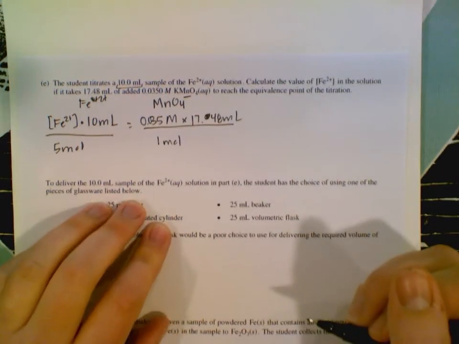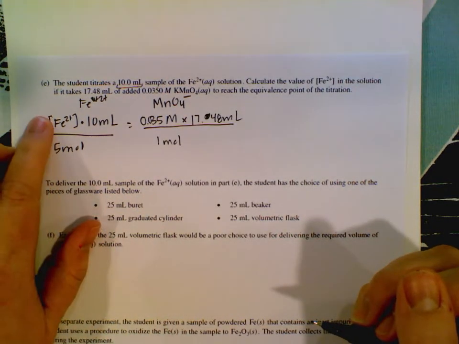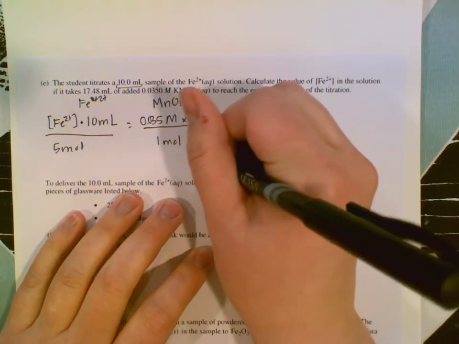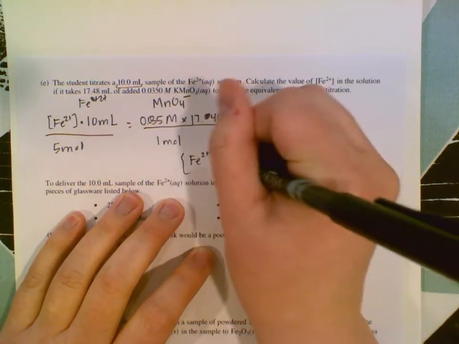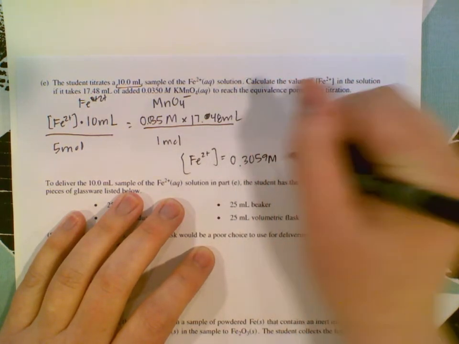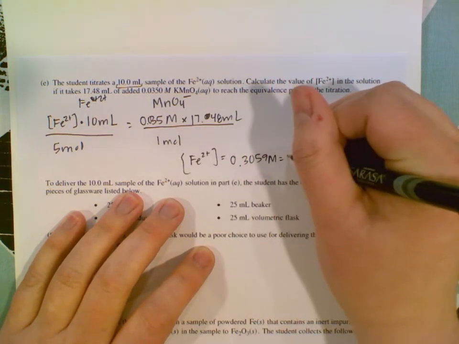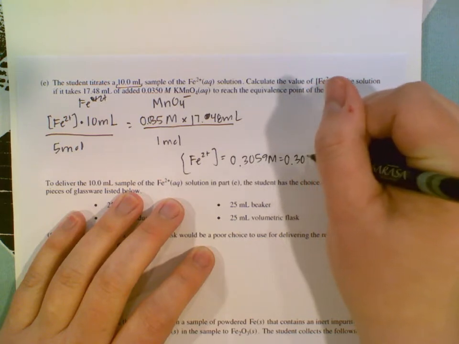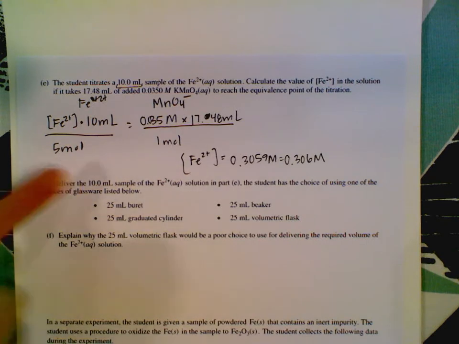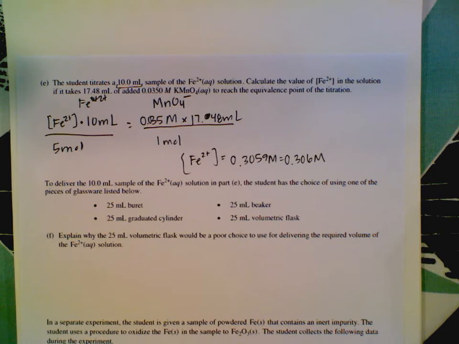So then if I have this set up and I solve for my Fe2+, my concentration of Fe2+ is going to come out to be 0.3059 molar, which if we round that with significant figures is going to be 0.306 molar. Okay, so again, this is how I would probably solve a titration, but you can do the stoichiometry way that you see on the answer key as well. I am just not going to go over both of them.